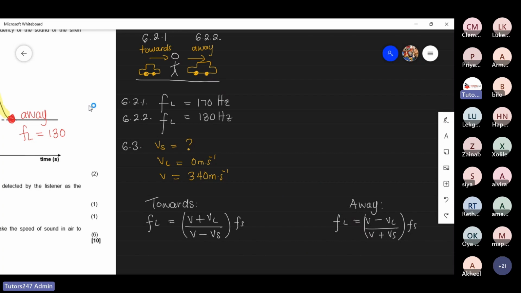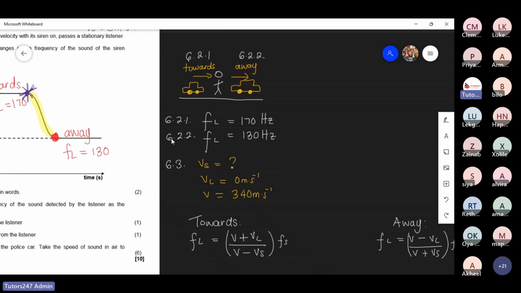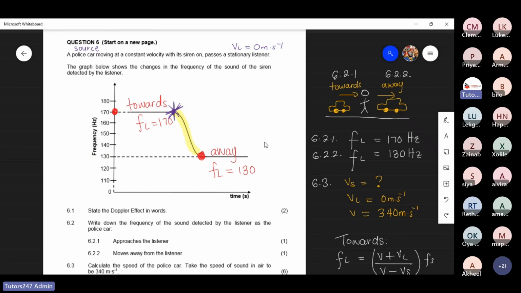There are three different velocities in this particular question: the velocity of your source, which in this case is the police car, the velocity of our listener, which in this case is the guy standing on the side of the road, and the speed of sound in air, represented by V, which is in the numerator and denominator section of our question.